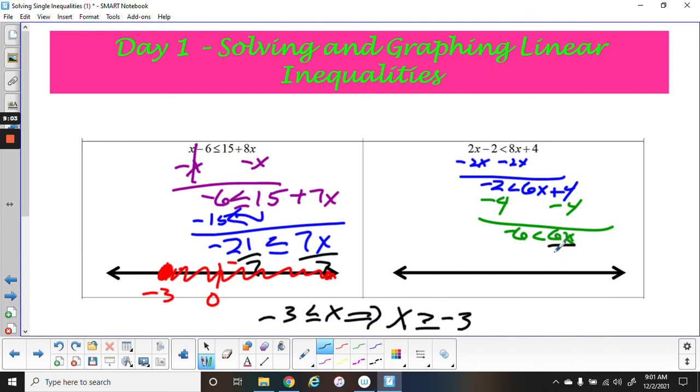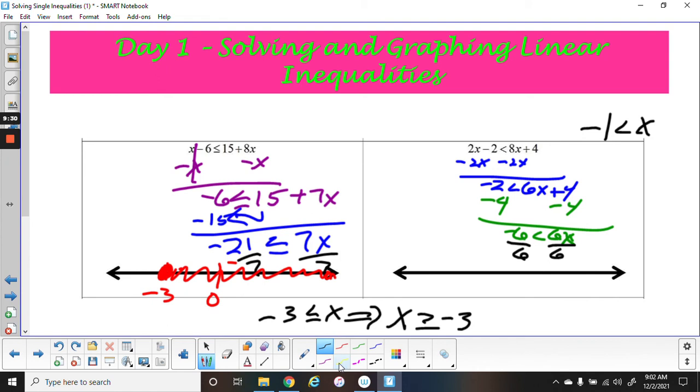When I divide by 6, do I flip the less than or not? To flip or not to flip? This one is going to not flip. Even though that green -6 is there, what are we dividing by? We're dividing by a positive, so we're not going to flip. So I would make that -1, don't flip the sign, is less than x.